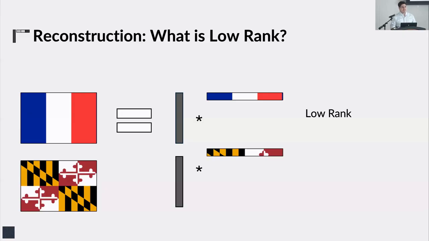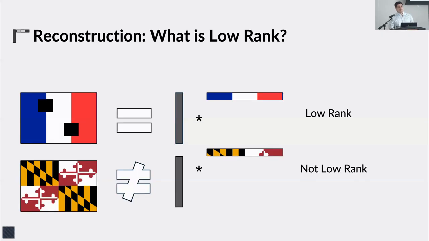You cannot just replicate the same row over and over and over again and recover the flag. And practically what this means is if you go ahead, and I do not recommend doing this, and you cut pieces out of the French flag, you could easily fill it back in. If you cut pieces out of the Maryland flag, also probably don't do it, it is much harder to fill it back in, right? This is the whole principle.